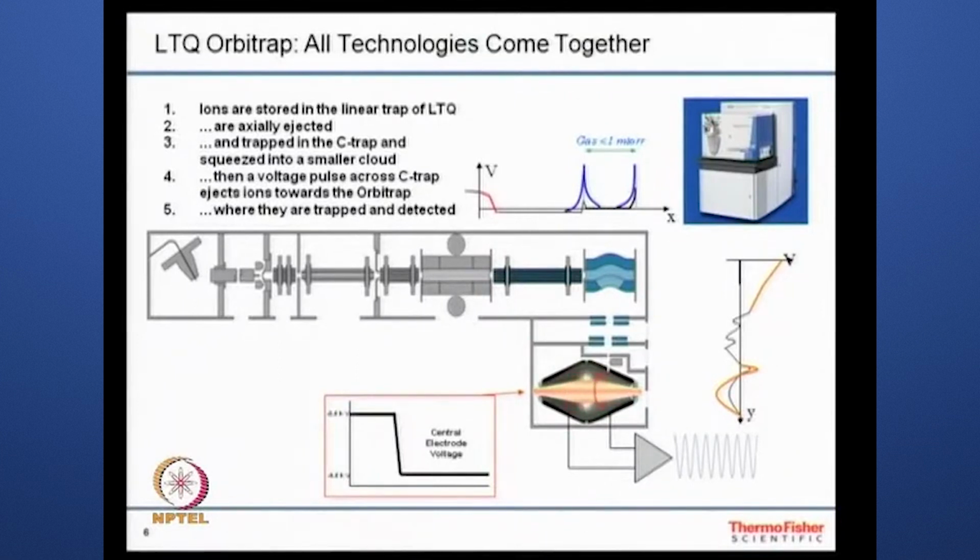We measure the axial frequency of the ion, and the frequency measured is transferred into mass-to-charge ratio. There is an end electrode connected to the frequency domain, which measures the frequency. Simply put, it gives you the image current that has been measured. So this is how the Orbitrap works.